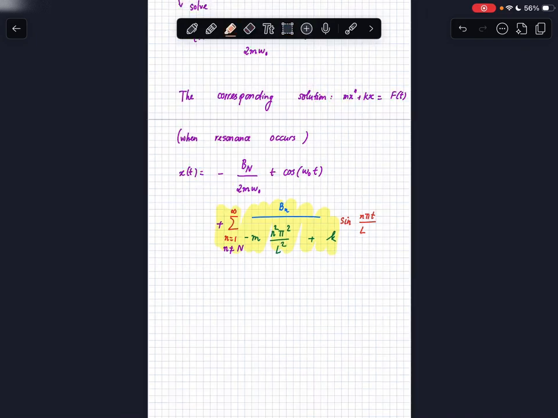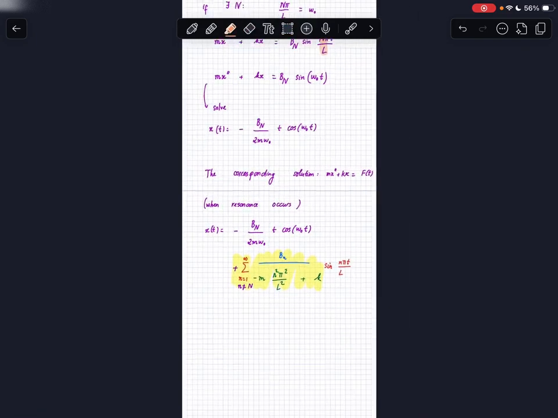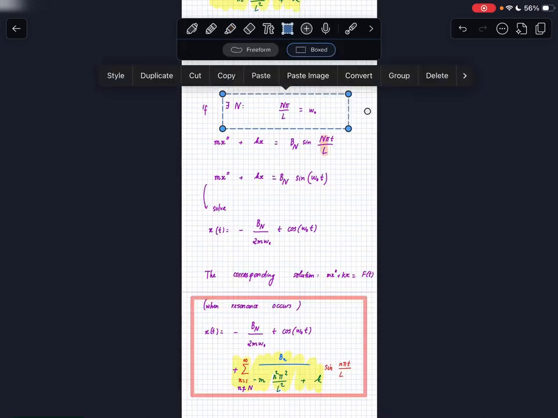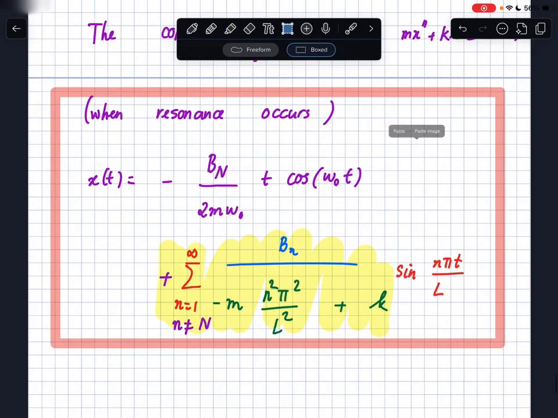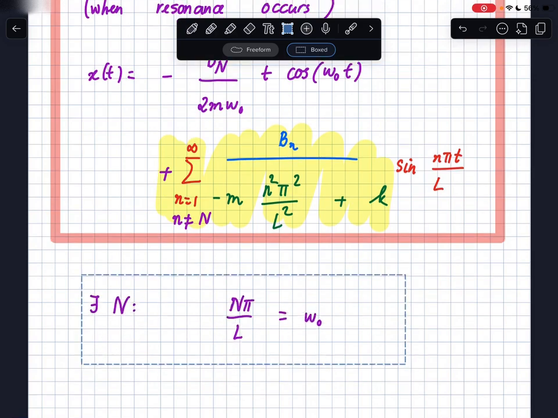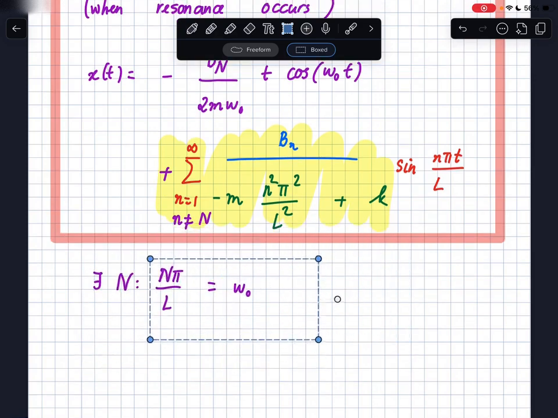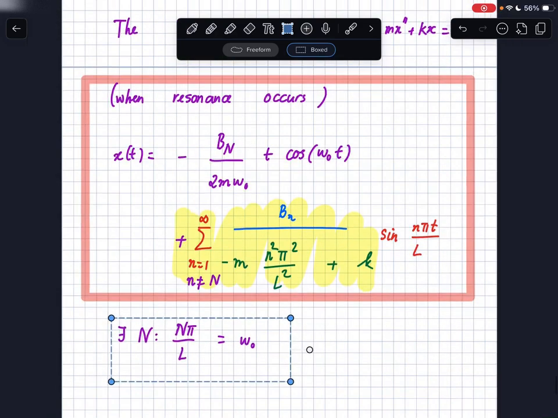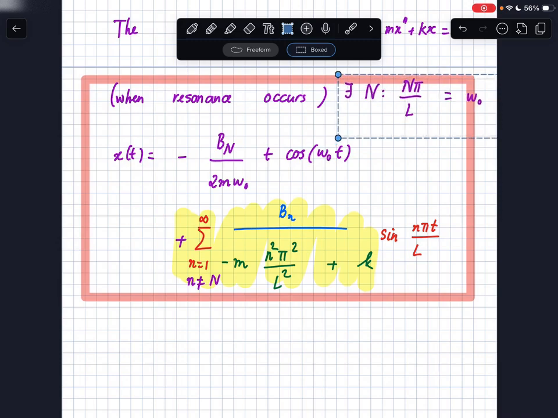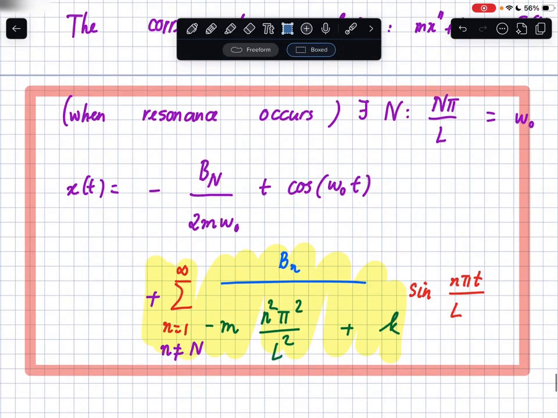So the solution is of this form. Resonance occurs when we have this condition, when there exists big N so that N pi over L equals omega naught, the natural frequency.